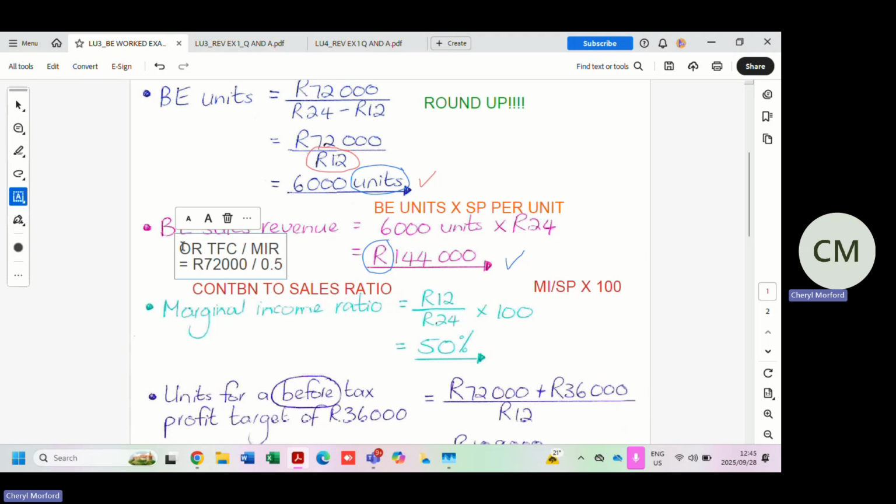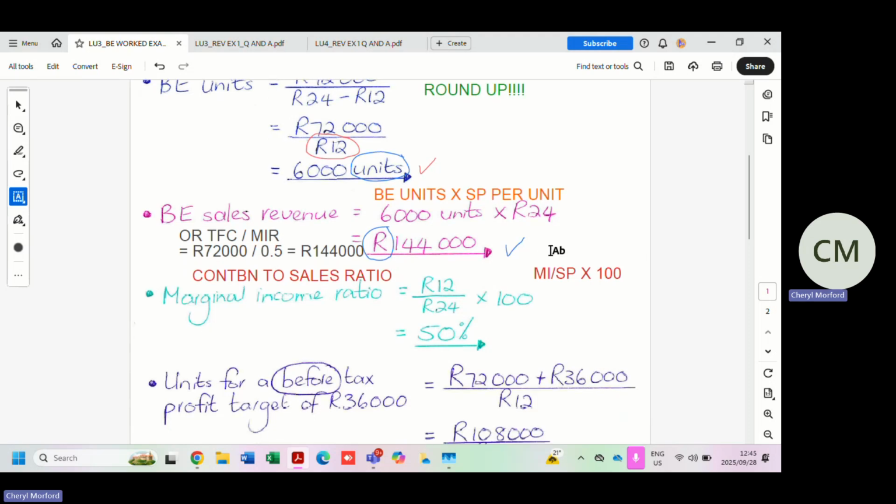So divide by 0.5, and what does that give us? Exactly the same amount, 144,000 Rand. So just take note of both options. I've deliberately picked a simple, straightforward question so we can focus on the concepts and you understand what we're actually doing. Then, should you get a more complicated question, so long as you understand what you're doing, then it's going to be much easier.